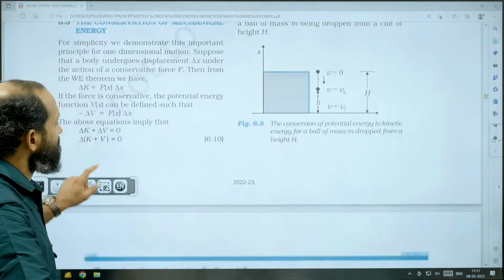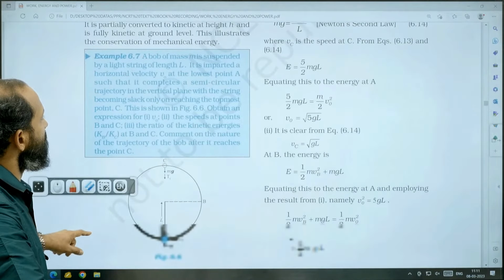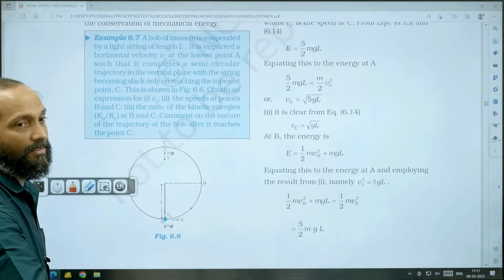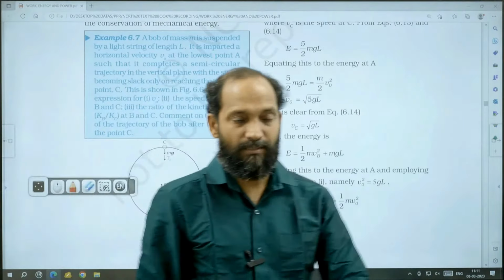And that is exemplified in the vertical circle. Vertical circle is a very important exercise. What do you mean by vertical circle?